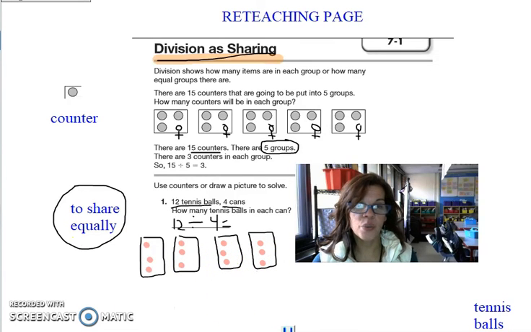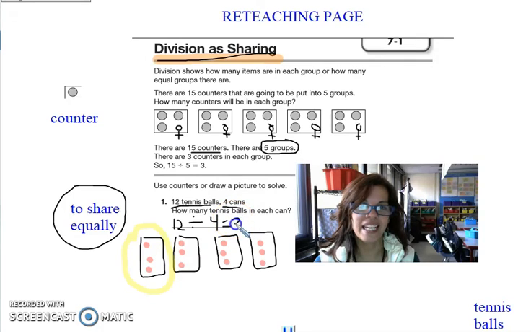So notice when I did that, each group got how many? Each can got 3. 1, 2, 3. So my answer in this problem is 3. Each can gets 3, and please make sure that you label your answer, 3 tennis balls.